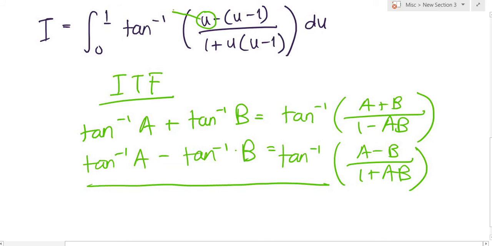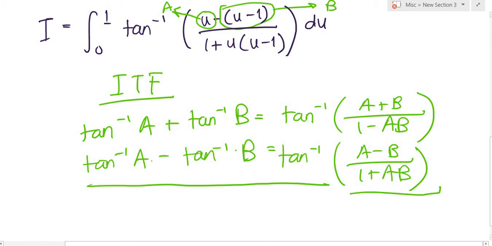Well, this is our A, and what's our B? This thing is our B, and let's check if the denominators match. So we know our A, we know our B, and then 1 plus A times B, right, according to this formula. 1 plus A, which is our u, and B, which is our u minus 1. Yes, it matches. Perfect.